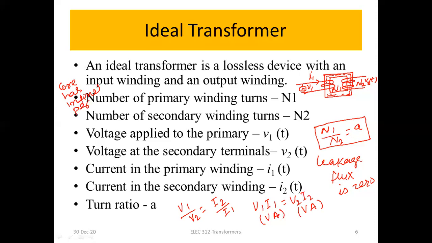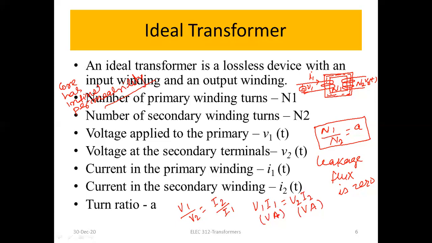The core has infinite permeability, means whatever flux is coming here all goes into the core material. There is no leakage flux in the transformer. So this is the ideal transformer: there is no resistance, no power loss in the primary and secondary, and no leakage flux. All flux goes into the core of the transformer.